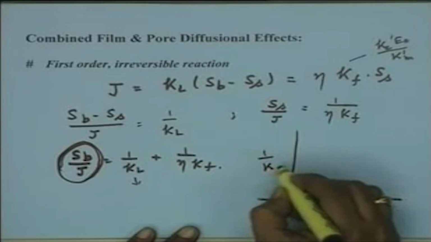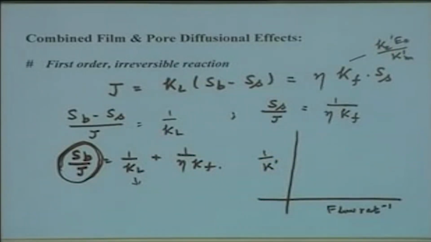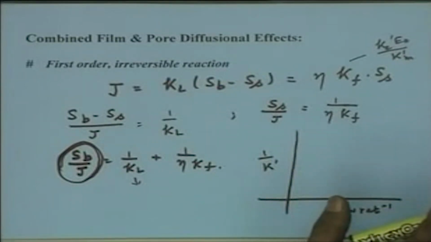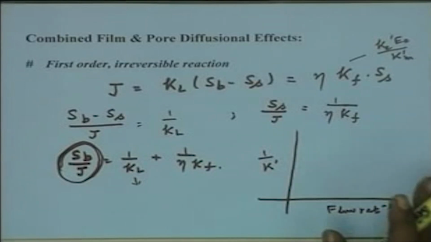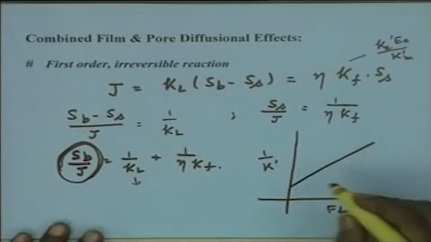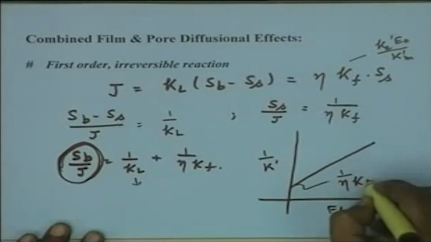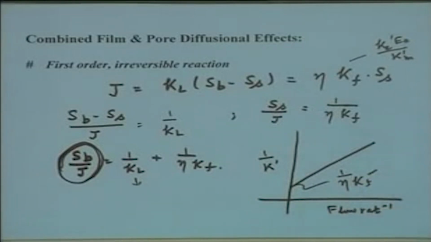we define this K dash as the apparent reaction rate constant, which takes into account the biochemical reaction as well as external film diffusion and internal pore diffusion. Then you get almost a linear plot with an intercept at 1 upon eta Kf, where Kf essentially is your pseudo first order rate constant.